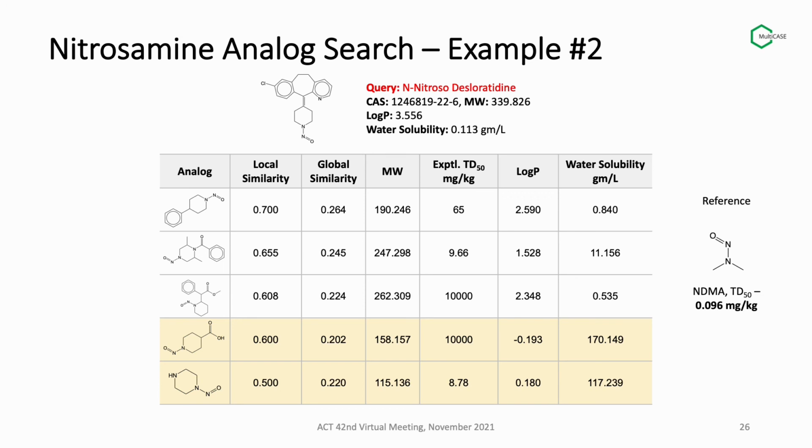However, overall, still we can say, based on the TD50 values of the first three analogs, that this query nitrosamine is even less potent as compared to the previous example, and its TD50 value is most likely to be even lower, even less potent as compared to NDMA that we are again showing on the right side of the slide.